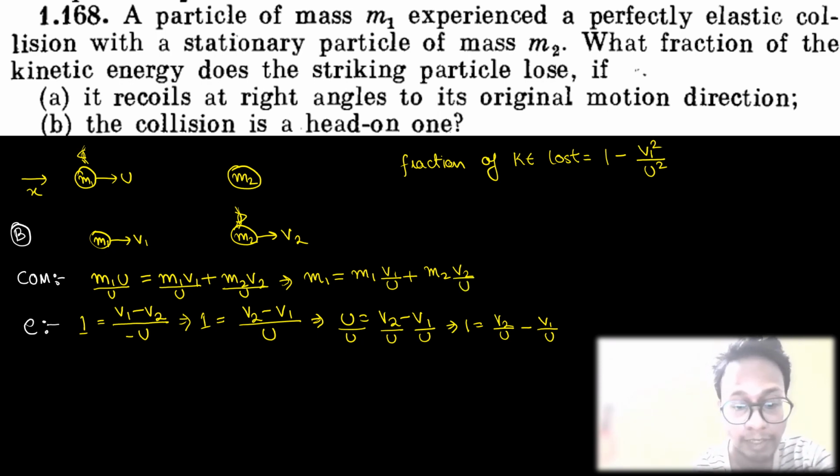Now there are two equations, two variables. I need to find out v1 square by u square, no? So to avoid clutter with a lot of variables, let v1 by u be x and v2 by u be y, and these equations will be much simpler.